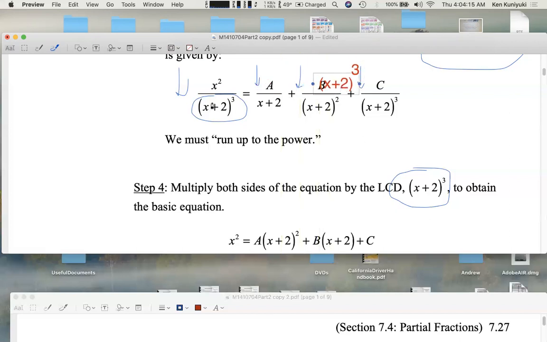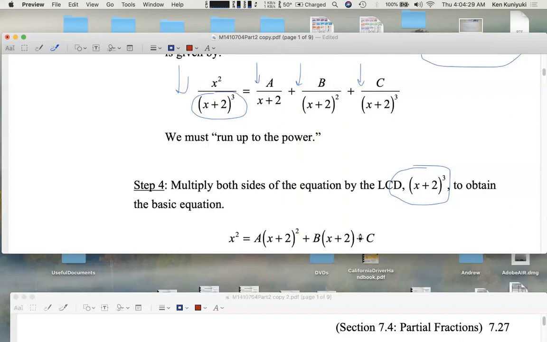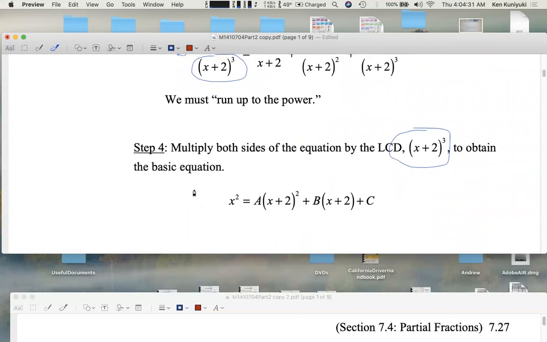Well, here, just like with the left side, this cube of x plus 2 completely cancels out the bottom here, and we're left with c alone. All right, plus c. So that's going to be our basic equation. Remember, you must write the basic equation as part of your work.